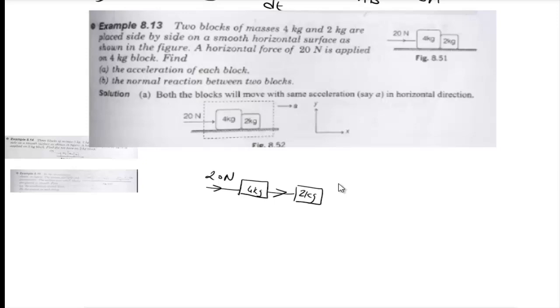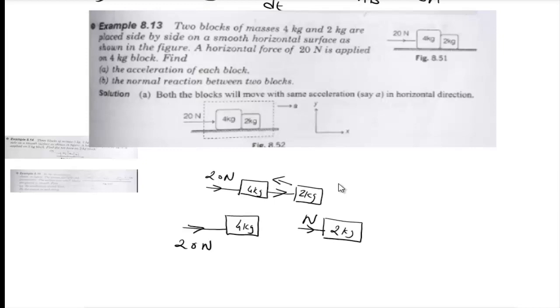When we are giving a force to this 2 kilogram object, it will give a reactional force. So here we write 4 kilogram, the first mass, with the 20 Newton force acting on it, and this is the 2 kilogram mass. On this 2 kilogram mass, a normal reactional force will be acting.